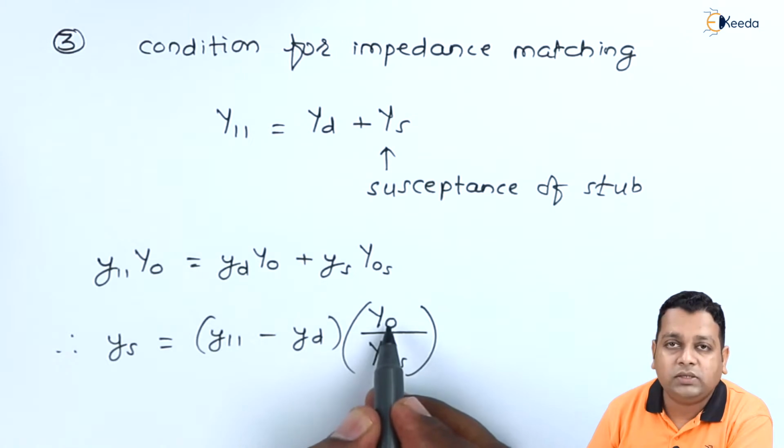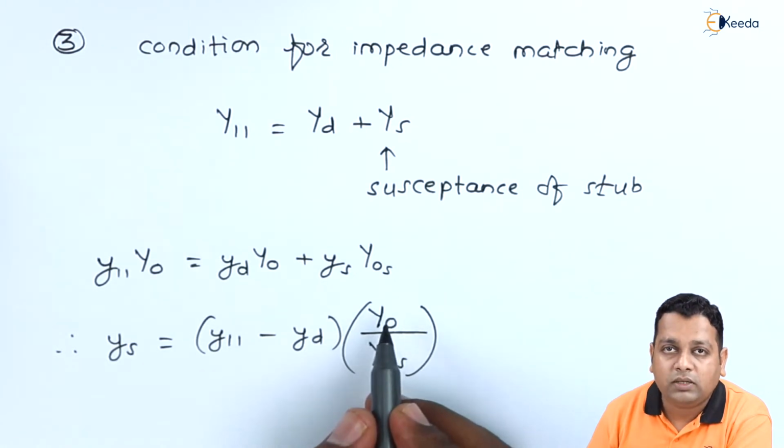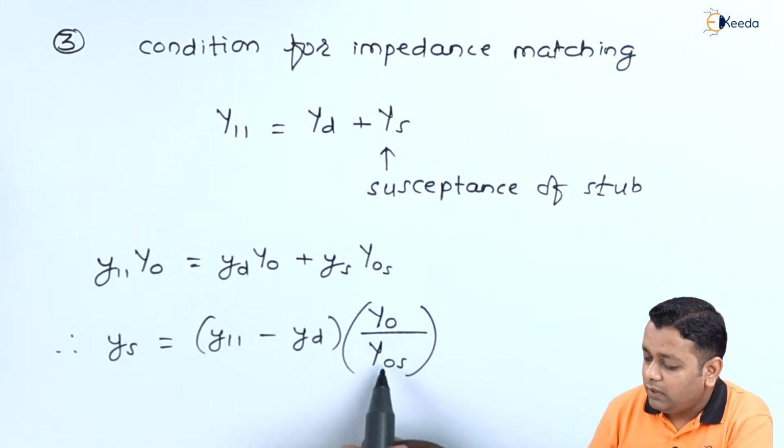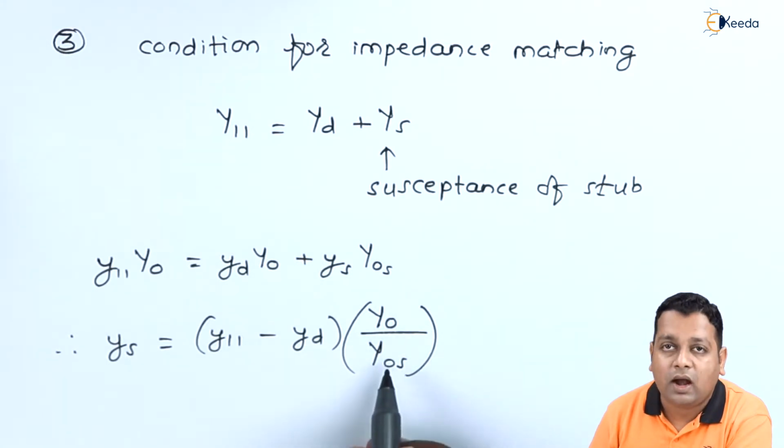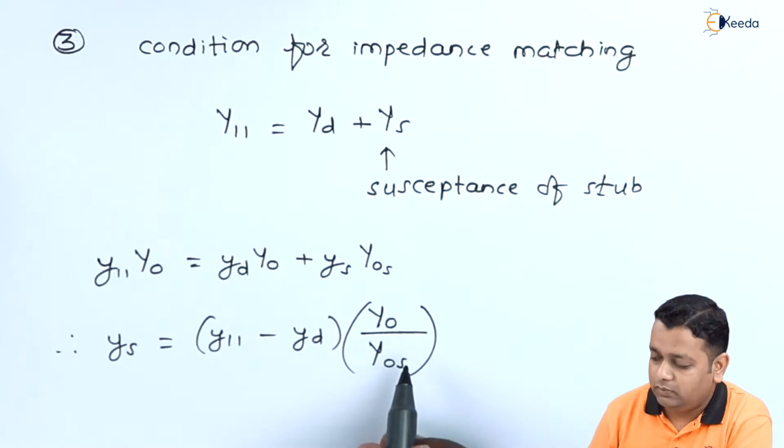So capital Y suffix 0 is the admittance of the microwave transmission line, whereas capital Y suffix 0s is the admittance of that of the stub here.